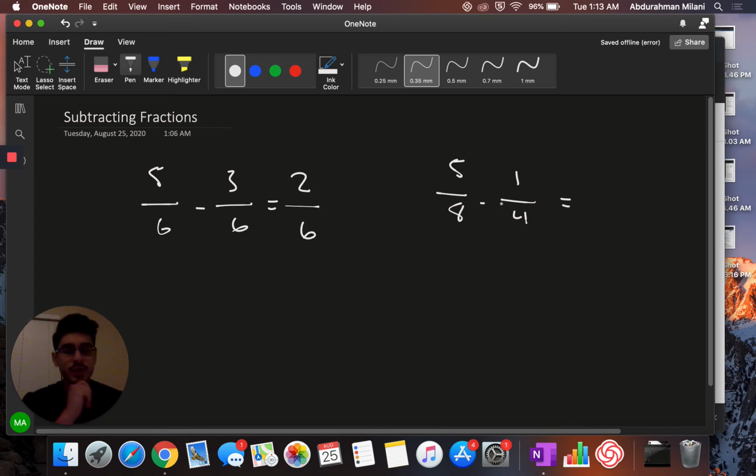So for this one, we can either multiply 8 times 4, which is 32, but there could be a number that's smaller than that we can use to make it our common denominator. So we got over here 8, and we have 16, and then we have 24.